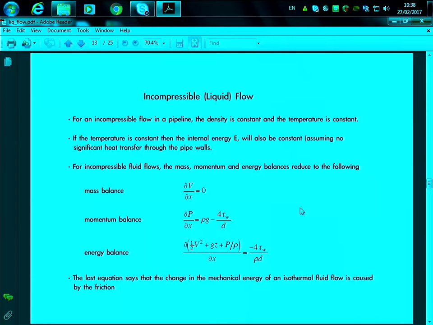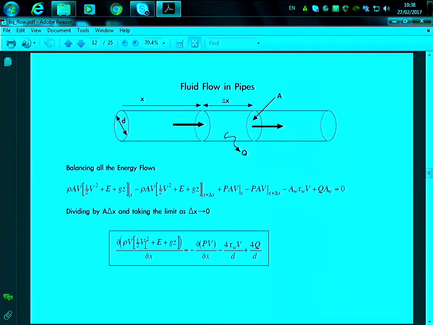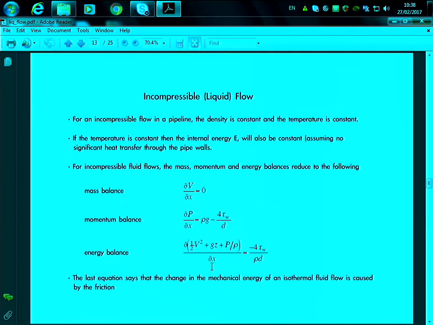So therefore, if we take out the derivative, instead of having it as a derivative, we have it as 1 and 2, okay, inlet and outlet. Therefore, we can express it as the energy at the inlet equals the energy at the outlet plus the friction.